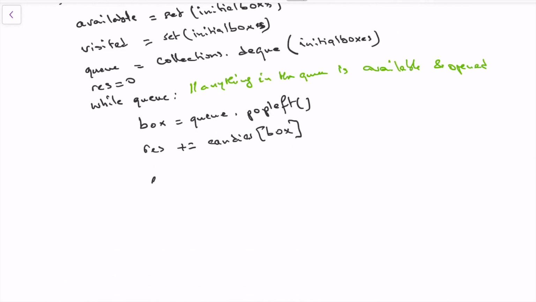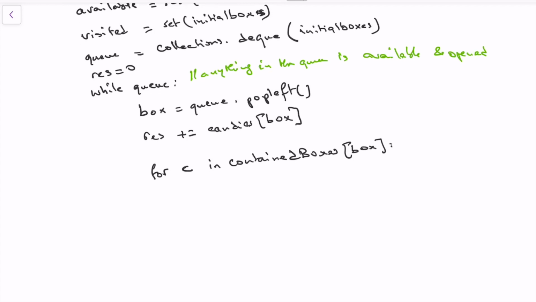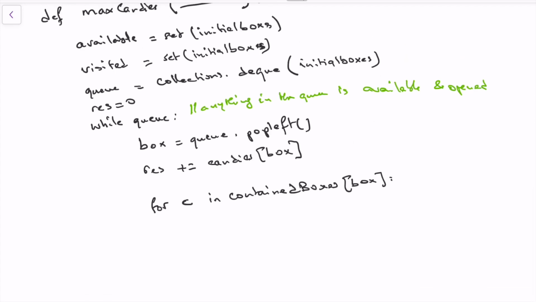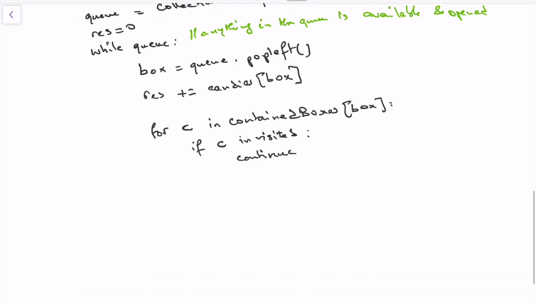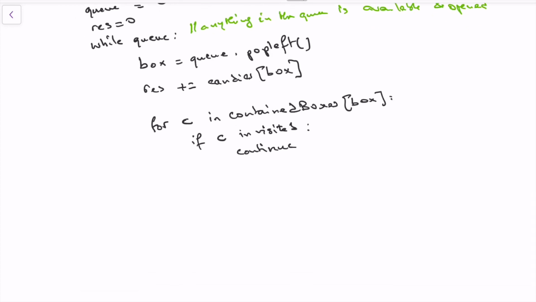And so to do that, I will just say for C in contained boxes of the box that I'm processing. And so first I will check if I already processed it, because if I already did, I shouldn't even worry about it, right? So if that is in visited, I should just continue to the next contained box.